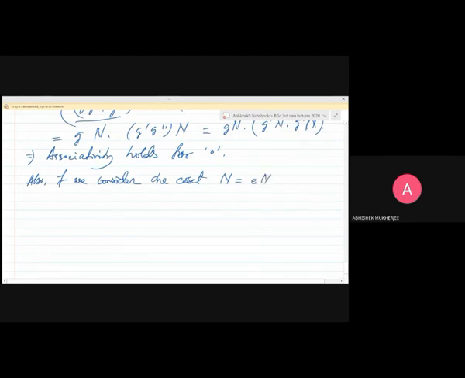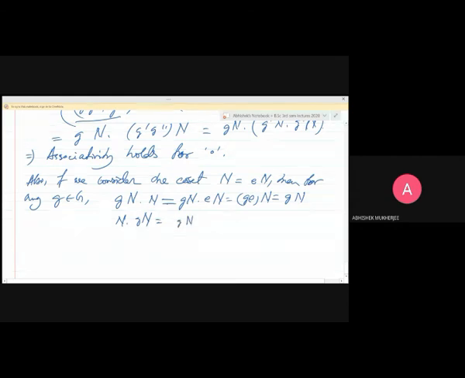Then we see that for any g, gN · N, that is gN · eN, means geN, so it gives you gN. Again N · gN, again it will be gN.